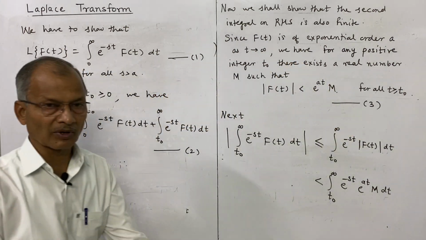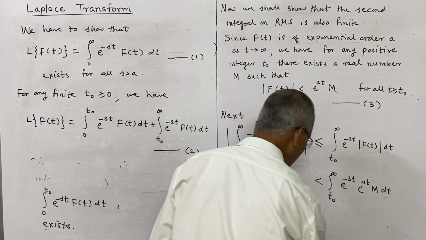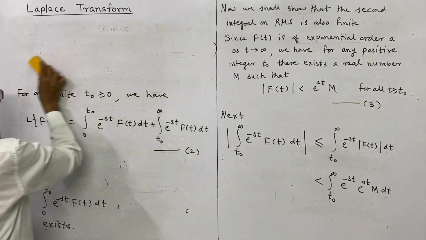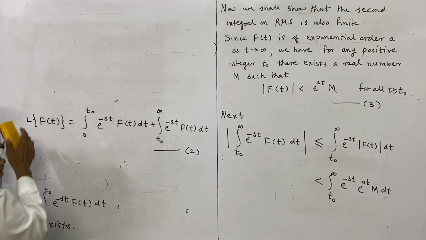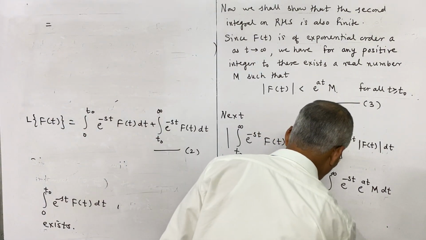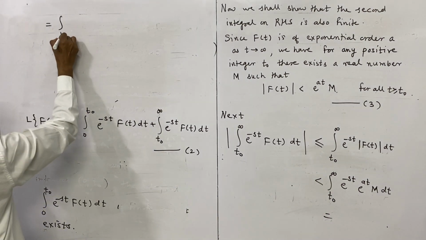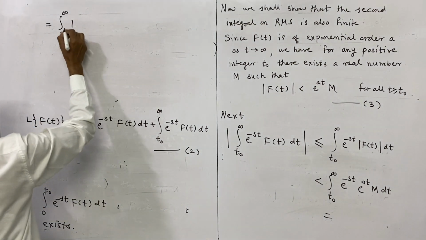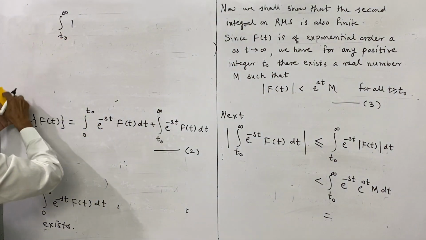M is a real number, so it can be written outside the integral.